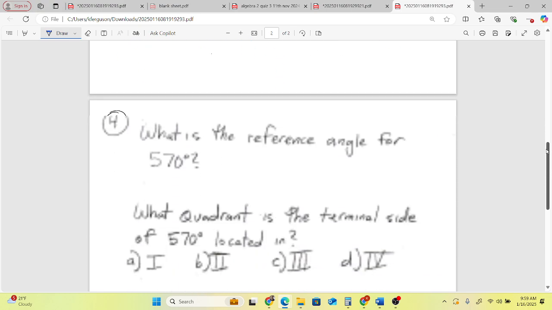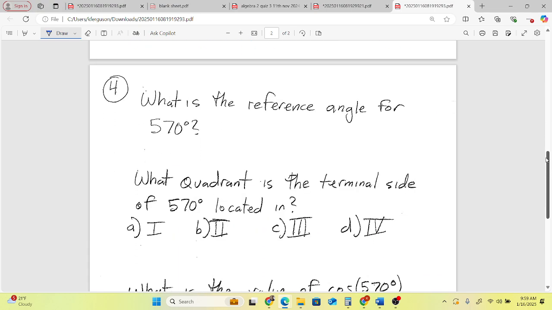So now we kick it up a notch and say, what is the reference angle for 570? Well, 570, that's more than 360. What we've been doing so far is sticking to things that are between 0 and 360. It's like one circle, one revolution on our unit circle or our coordinate plane.